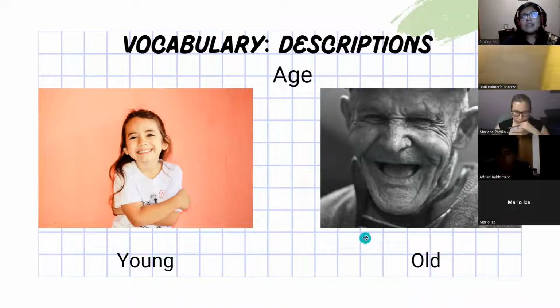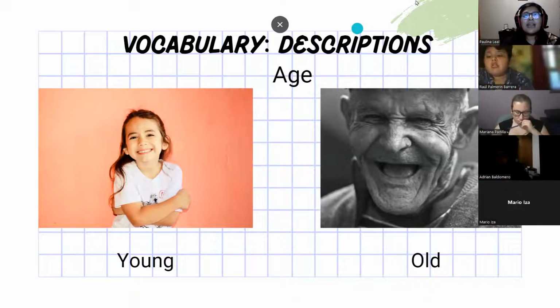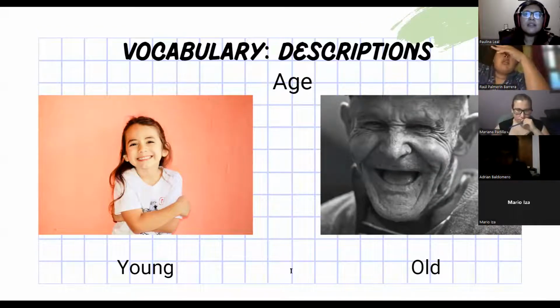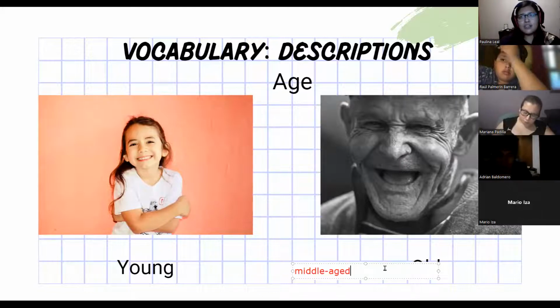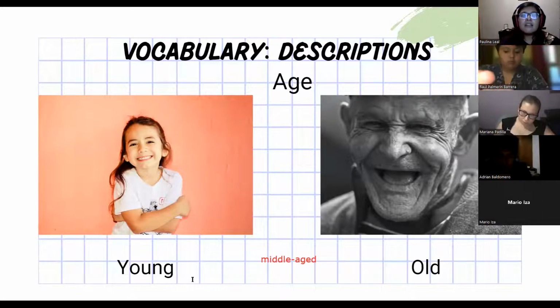Alguien mayor de 75 años ya sería viejo. ¿Y qué pasa para las personas que están en medio? Yo puedo usar el término middle aged.